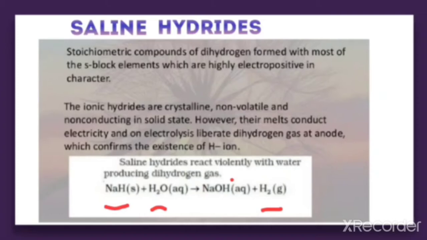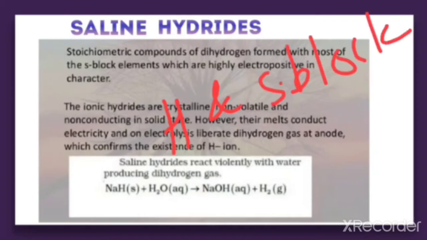So here we have discussed what a saline hydride, or ionic hydride, is: the combination of hydrogen and an s-block element, that is, group 1 and group 2 elements. Its properties are given here, and the reaction of the saline hydride with water is also given here.